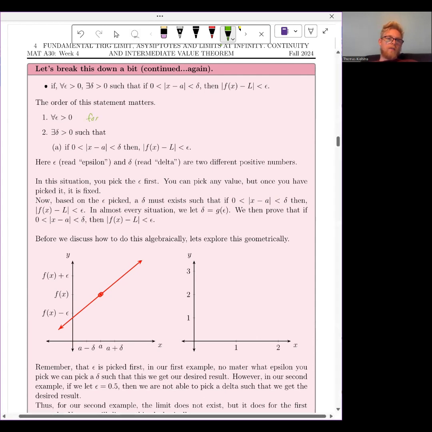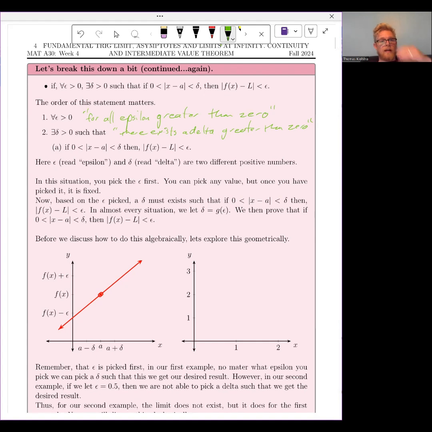So for all epsilon greater than 0, there exists a delta greater than 0 such that if 0 is less than the absolute value of x minus a, which is less than delta, then the absolute value of f of x minus L is less than epsilon.